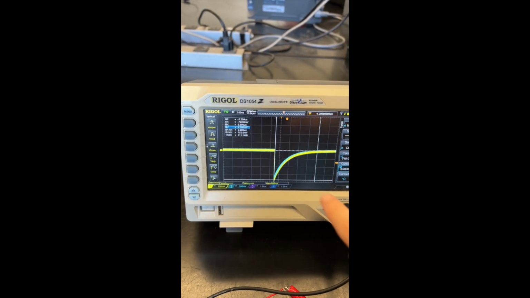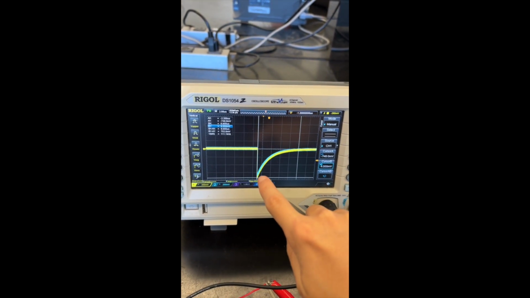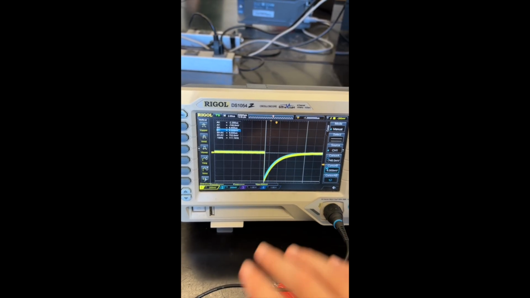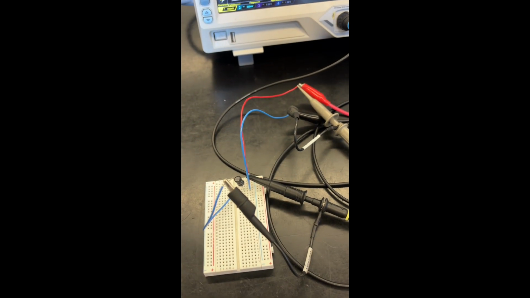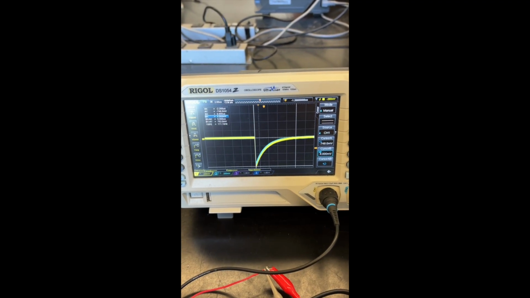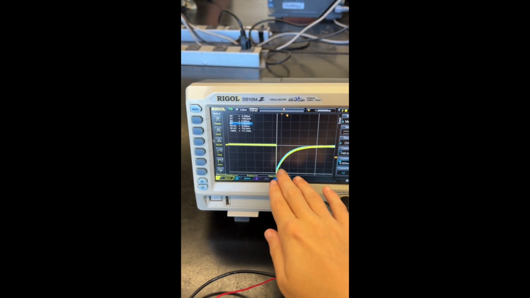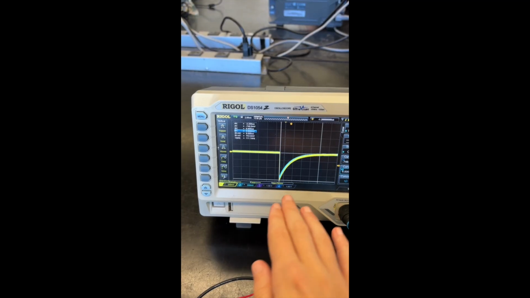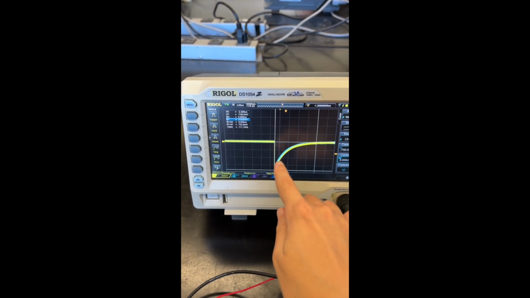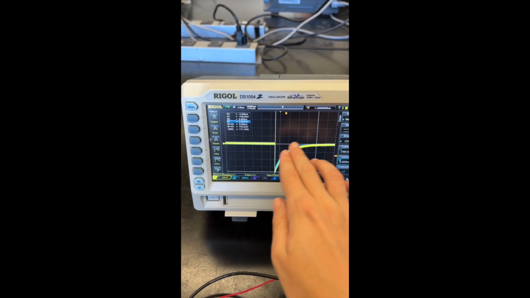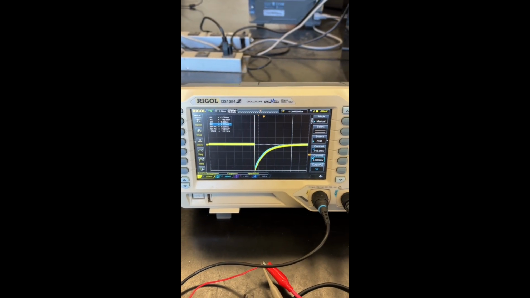The blue, I know it's kind of hard to see, but the blue here is my input, so like a guideline for where it should be, and then the yellow is like my actual circuit output. So I'm just gonna move cursors along here. First, I'm gonna find tau by finding when the voltage is 63% of the max, which is about right here. So I'll do that first.